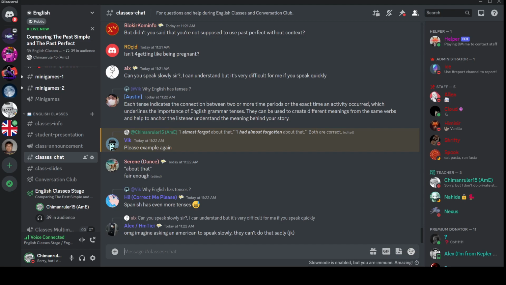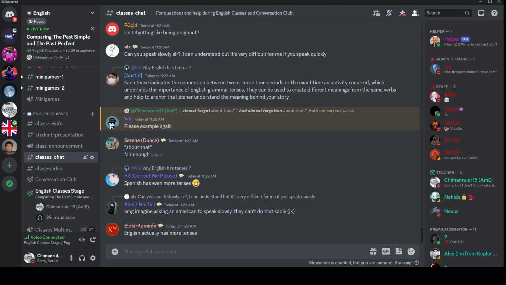Spanish has even more tenses, just a bit. Well, technically, it has. Actually, no, it does. If you count the future subjunctive, which English doesn't have. English has the same present and past subjunctive forms as Spanish does, but not the future subjunctive. So technically, Spanish does have an extra tense, but it also has an extra aspect, the imperfective aspect, which English does not have.